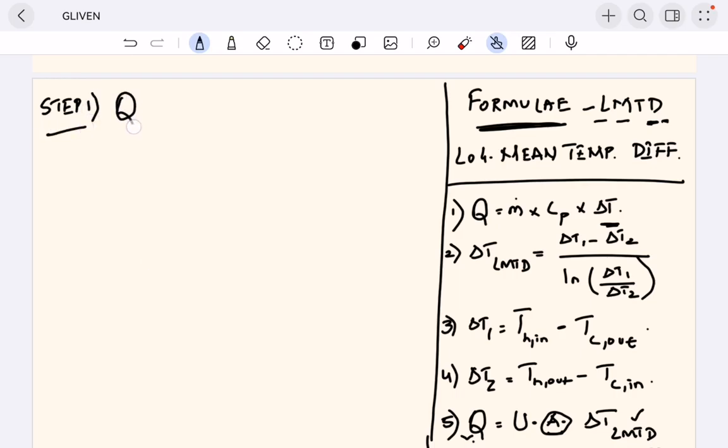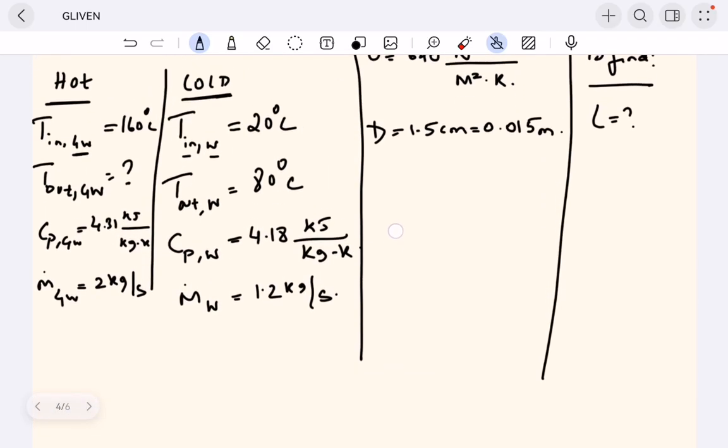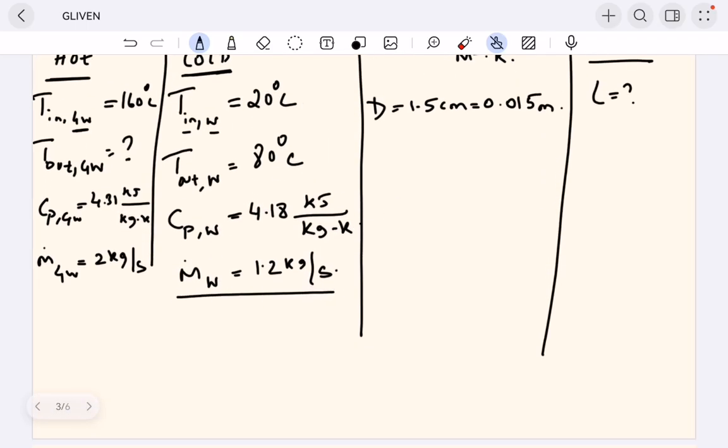So Q of cold water, or simply water, is mass flow rate of water times Cp of water times delta T of water, that is delta T of in minus out. Okay. That's the cold water. So mass flow rate is somewhere about 1.2, I believe. Yes, the mass flow rate is 1.2.